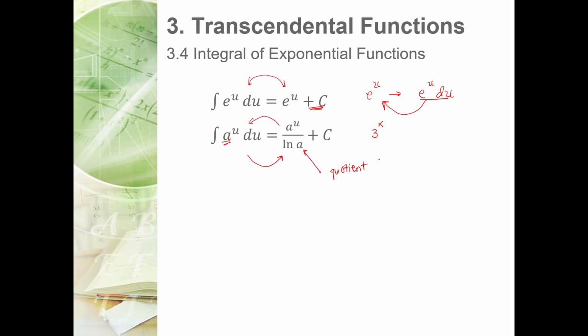The quotient rule is v du minus u dv all over v squared. Because it's a quotient. Okay? Or you can also utilize the u sub technique here, where you let u be something.